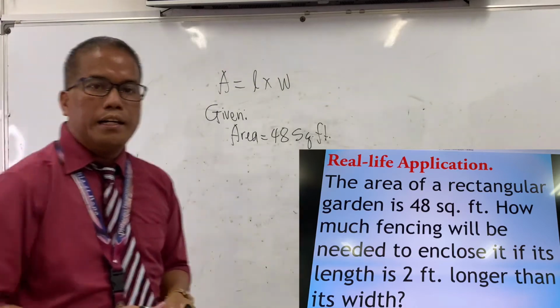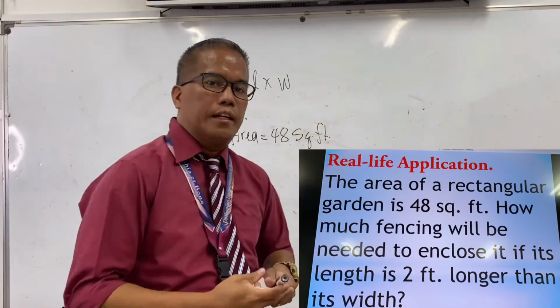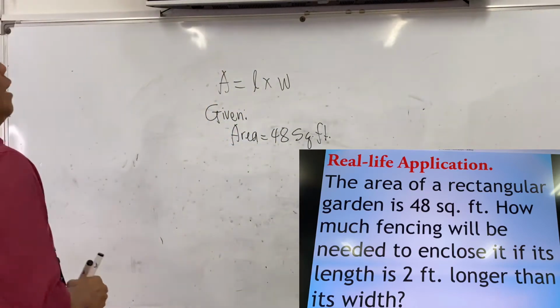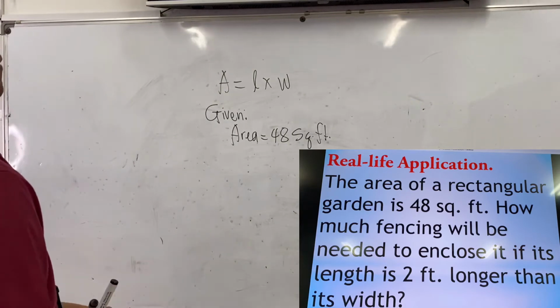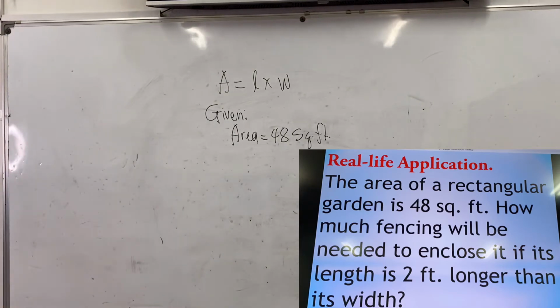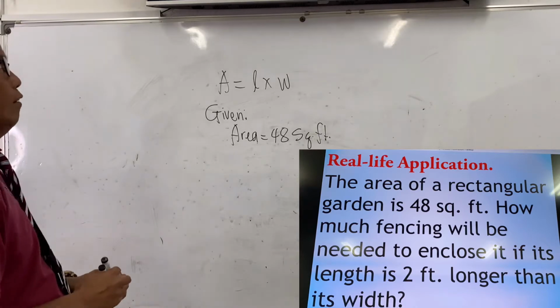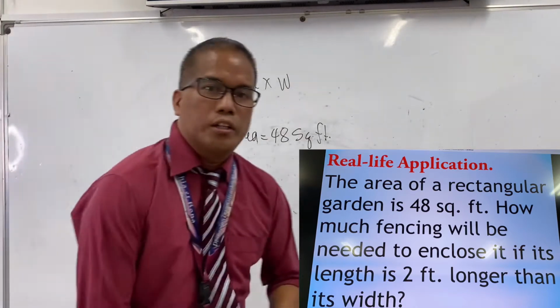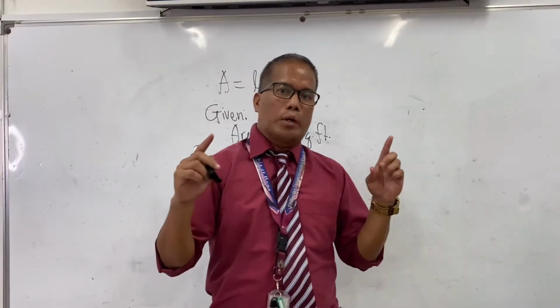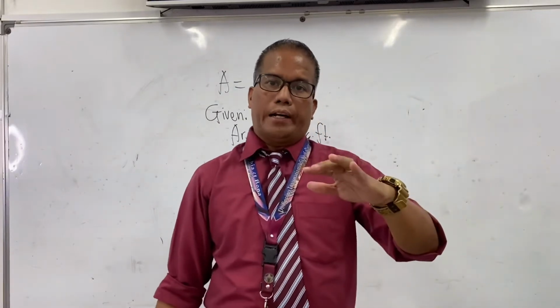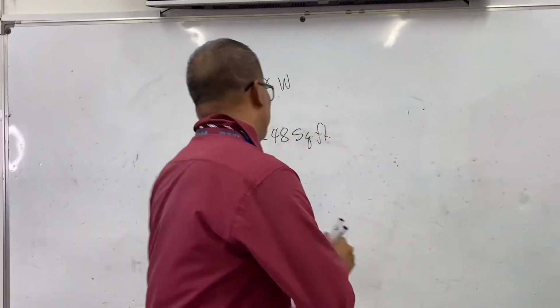And the second sentence is, how much fencing will be needed to enclose it if its length is 2 feet longer than its width. So this time we are going to represent the width with the variable x.